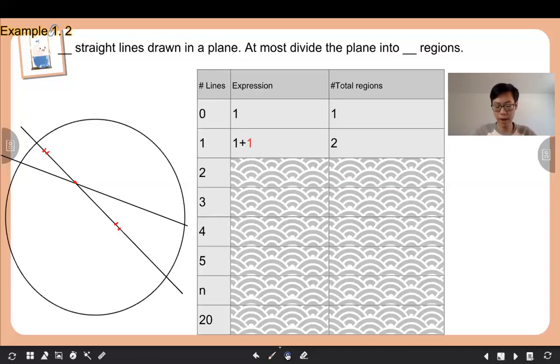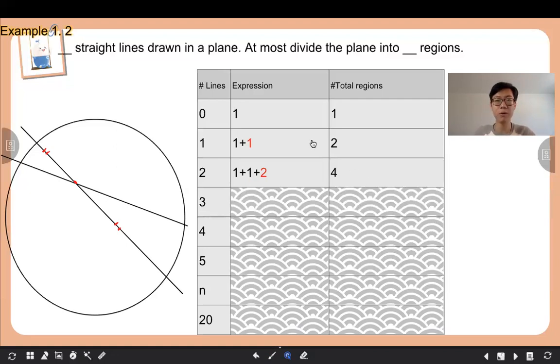That's why we will have the expression like this, correct? Because this line is divided into 2 parts, so it introduces 2 more regions, and we have this red 2 as the number of new regions. And how many regions do we have in total? Yes, we are having 4 regions in total.